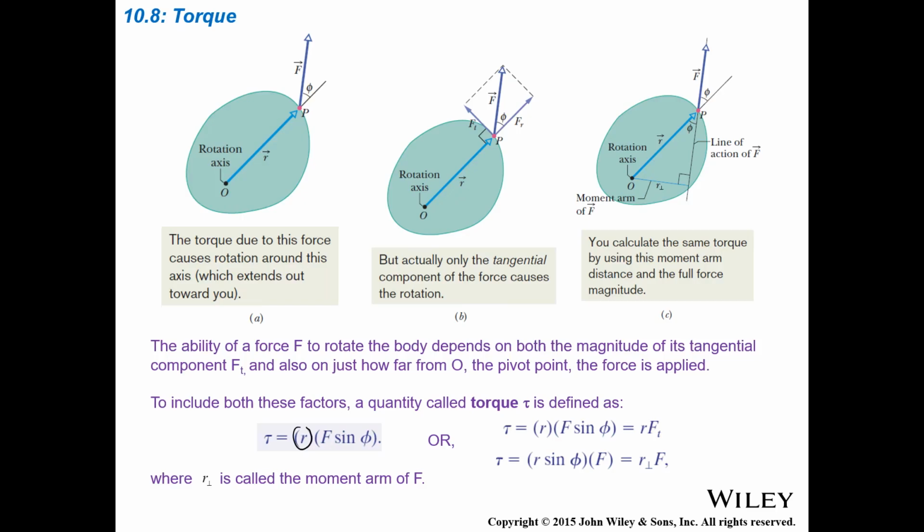So now I have my formula for the torque. Look at it here. The torque will depend on the force, R, which is the distance to the axis of rotation, and phi here, or theta, or the angle, is the angle between these two, actually, between R and my force.